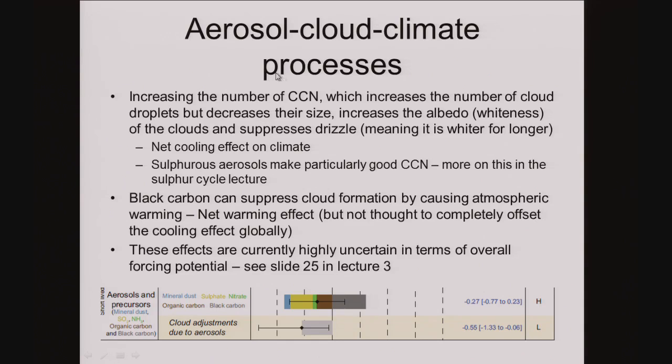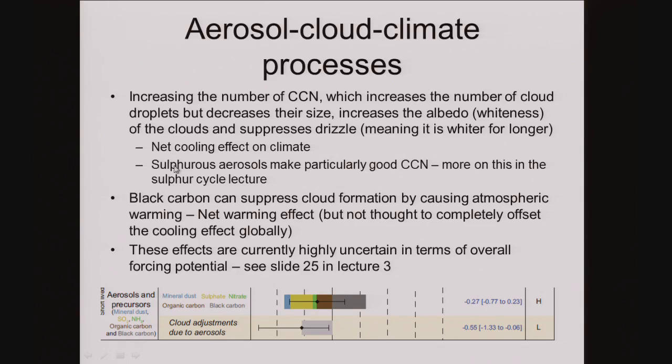Increasing the number of CCN, cloud condensation nuclei, increases the number of cloud droplets. We know about that. And it decreases their size and it increases the albedo, the whiteness. That's the slide that you saw where we were looking down on the ocean, left to right. And so this has a net cooling effect on climate.